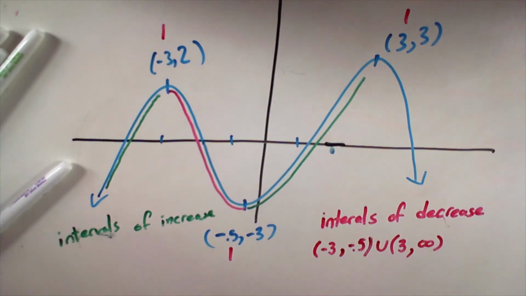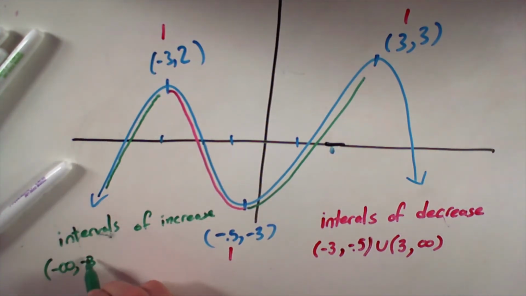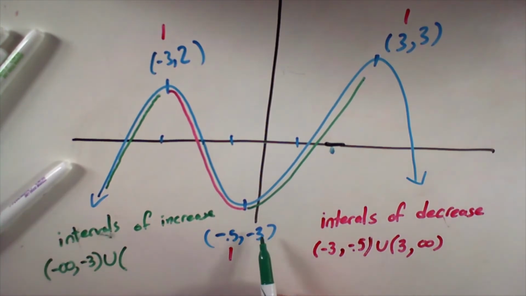So as far as intervals of increase go, we're going to go from negative infinity up to negative 3. Again, do not include the peaks and the valleys, the tops of the hills or the bottoms of those valleys. We union that, and then we come over here, and we go from negative 0.5 up to 3.